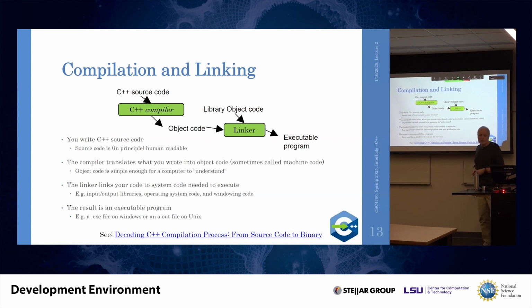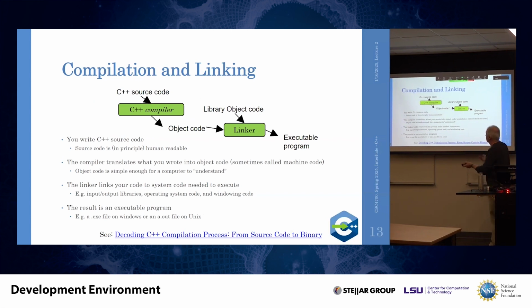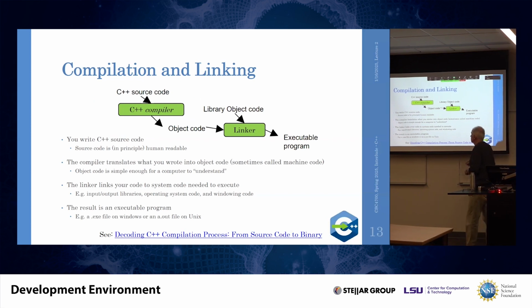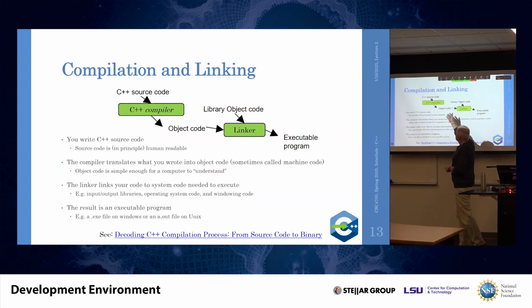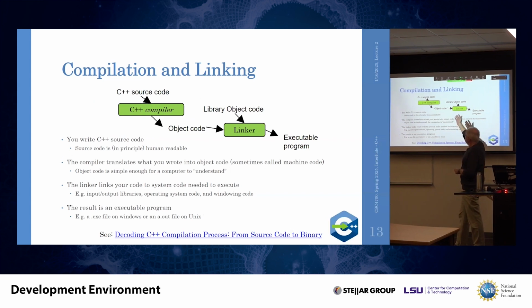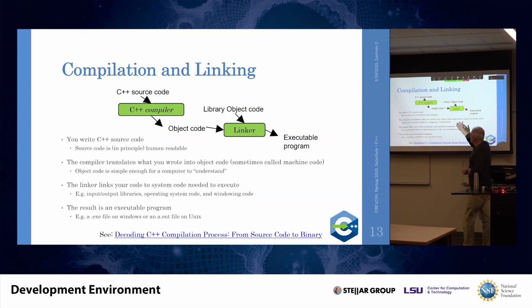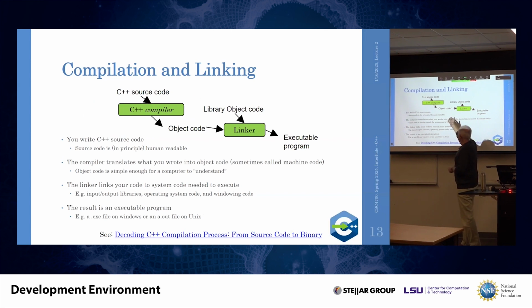Last time I showed you that slide, essentially the same thing again, but a bit more depicted, so easier to understand perhaps and easier to follow. You have C++ code, which is fed to the C++ compiler. The compiler spits out object code.